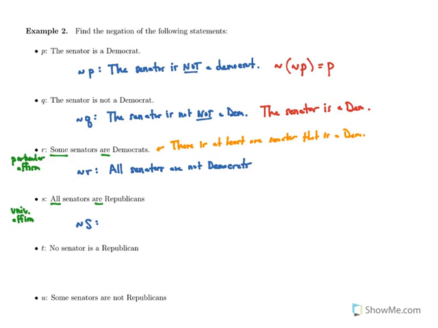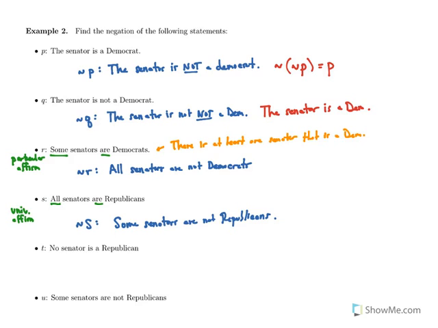The opposite of all senators are Republicans is going to be that some senators are not Republicans. So again, if you're saying that all senators are Republicans, you're saying that each and every senator is a Republican. The opposite of that is saying that there is just one that has to be not Republican. The opposite of all senators are Republicans is not all senators are Democrats or all senators are not Republicans. That is not the negation.